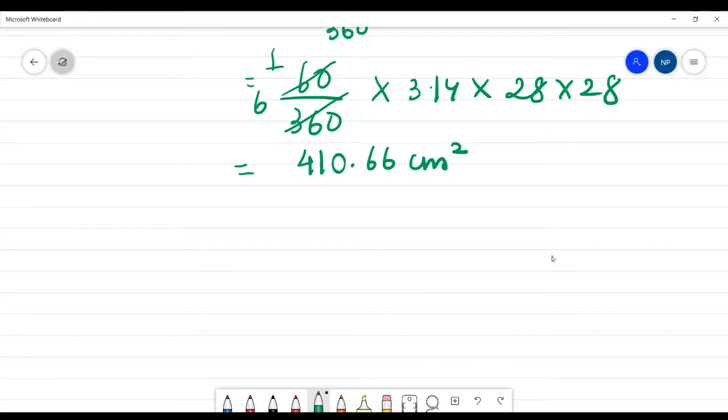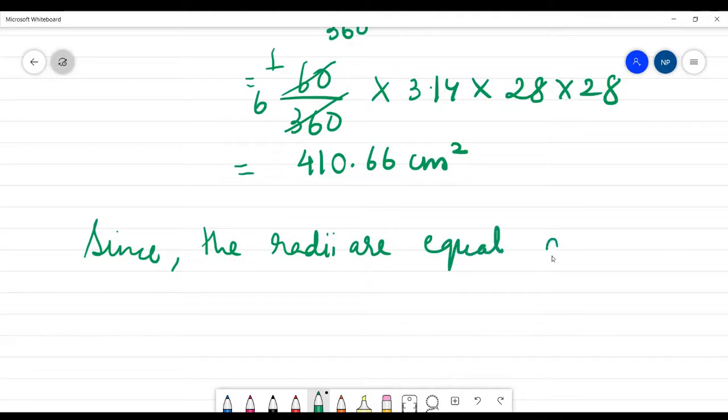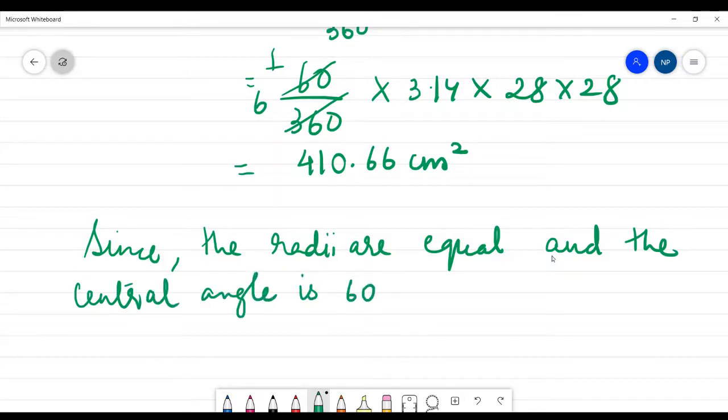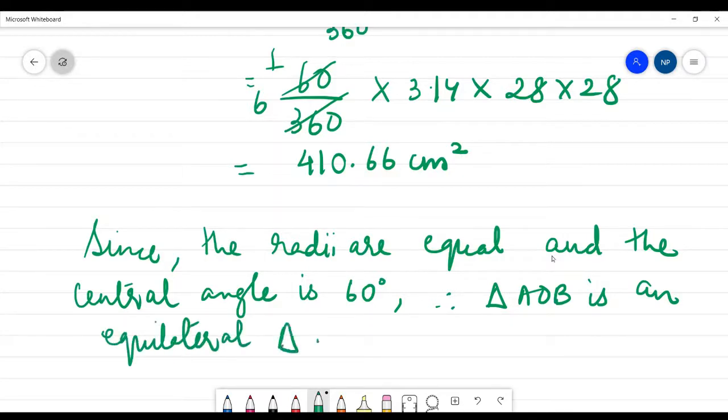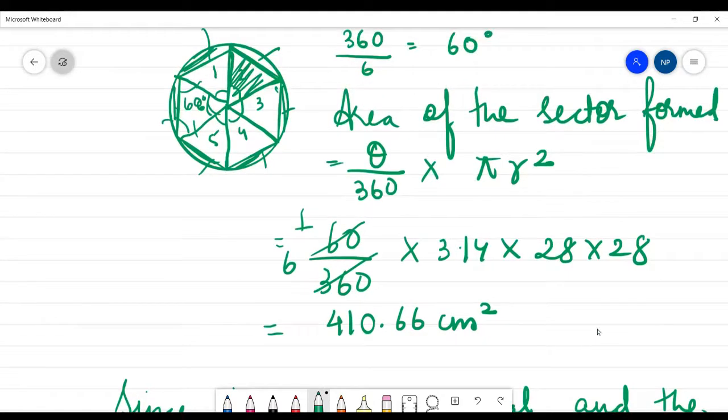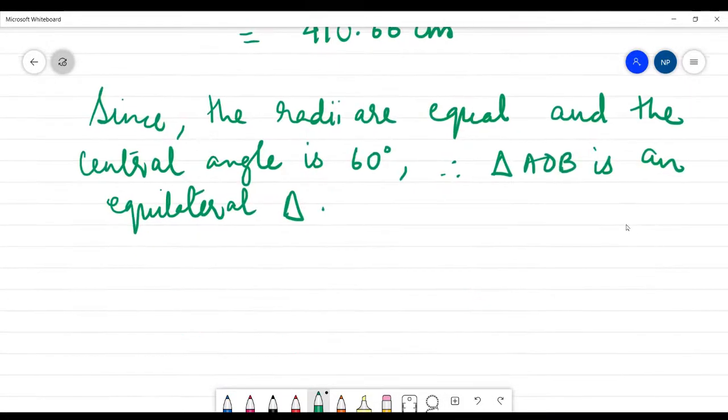So we write: since the radii are equal and the central angle is 60 degree, therefore triangle AOB is an equilateral triangle. Let us name one of the sides A, B and the center point as O.